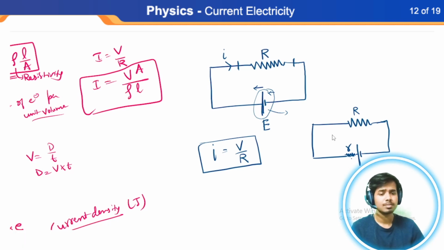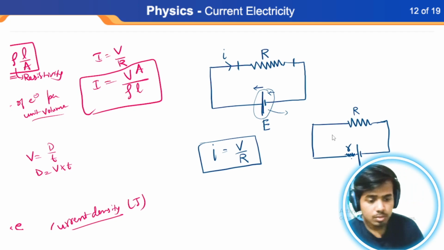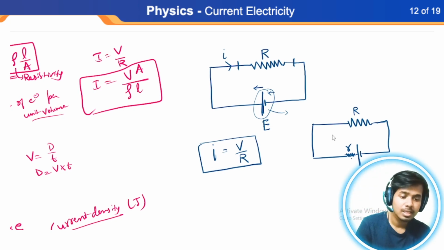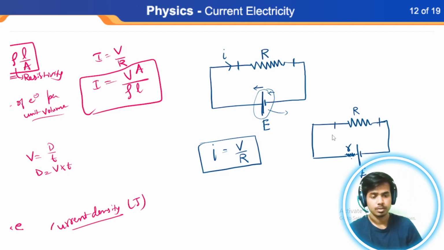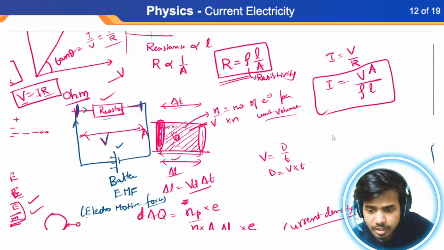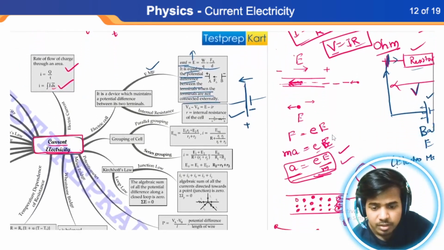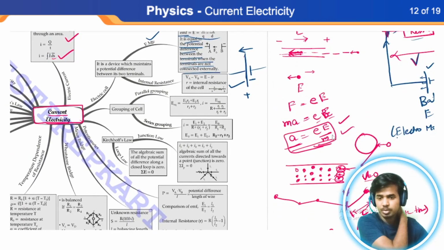That is because I can't exactly fit a resistor sign in between the two plates, right? So that is the resistance of the battery, and we'll come to how to find the actual or effective potential of this battery. But for that I think we have to define a few laws first.